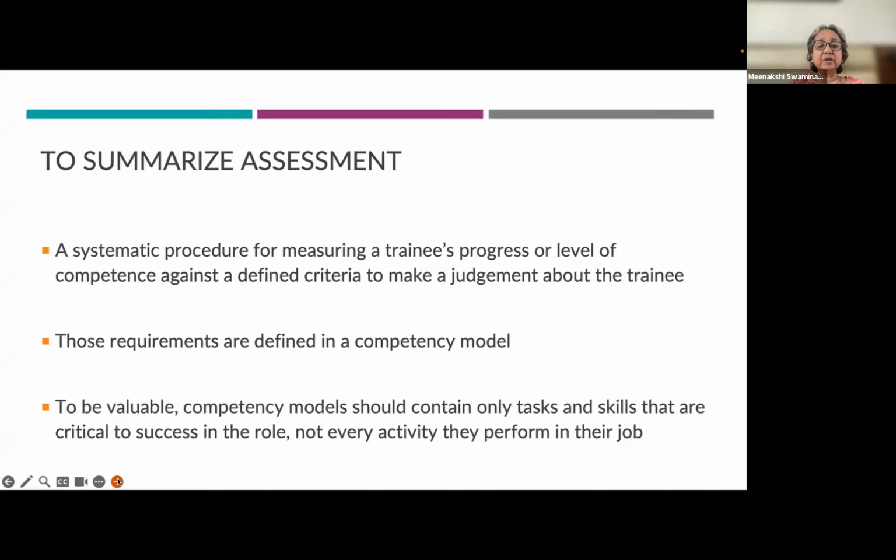To be valuable, competency models should contain only tasks and skills that are critical to success in the role. Remember, time is a big constraint, so do not include every activity that they perform in their job. You only have to define what skills are essential, what skills are critical. You need to define that competence to the resident before you test them for that.